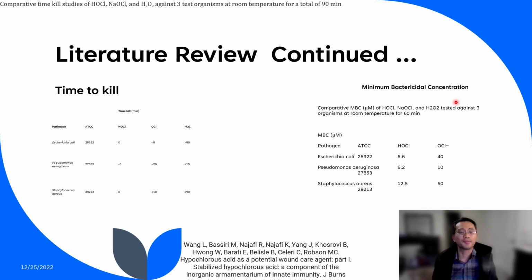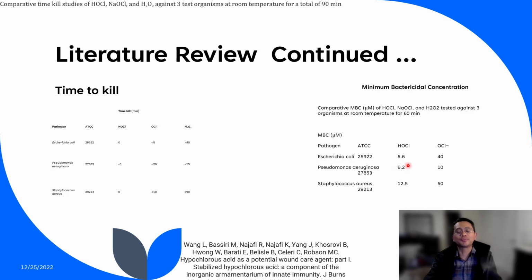Let me repeat that. The MBC, or the minimum bacterial concentration, is the lowest concentration of an antibacterial agent required to kill a particular bacterium. Between the two solutions, hypochlorite and hypochlorous, you see that the hypochlorous has lower numbers, and you want these numbers to be low because as you increase this number, the issue of cytotoxicity will come into the picture.